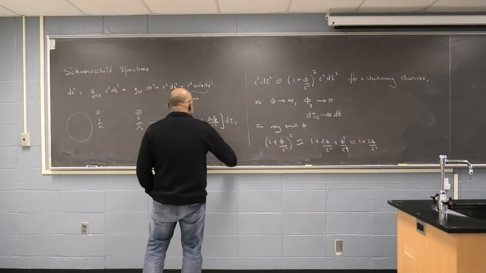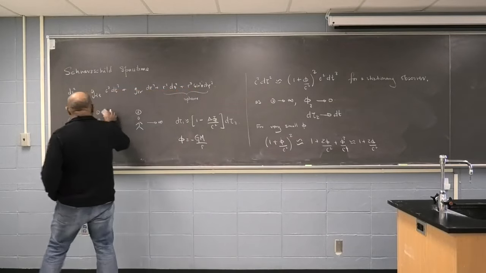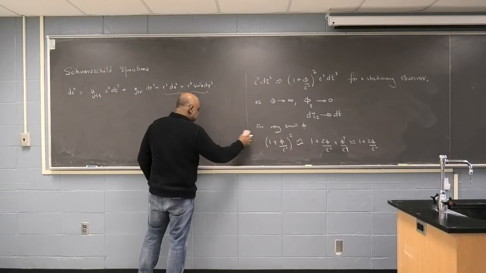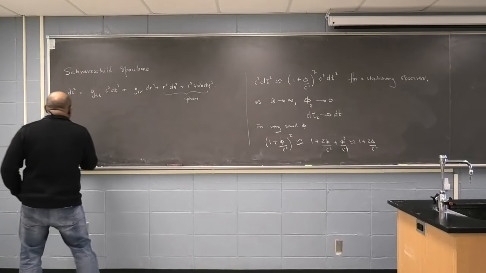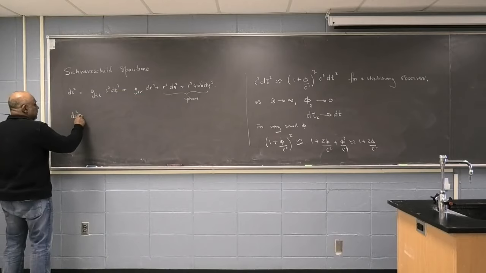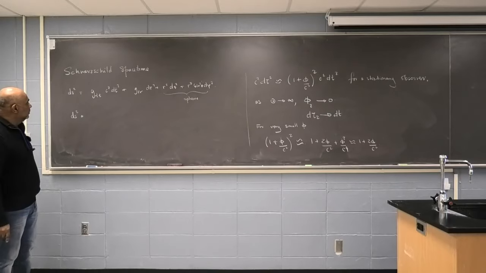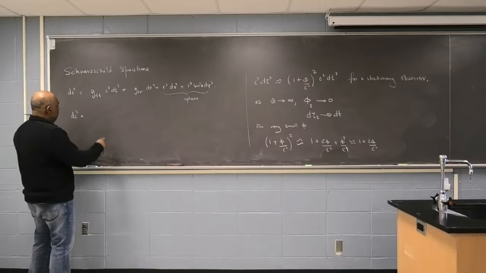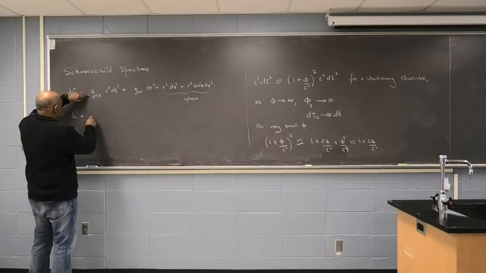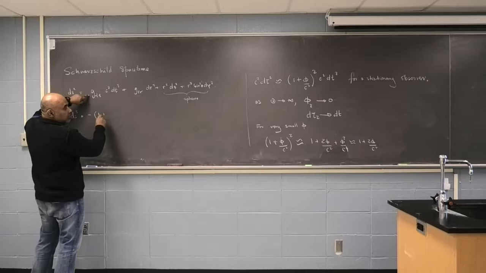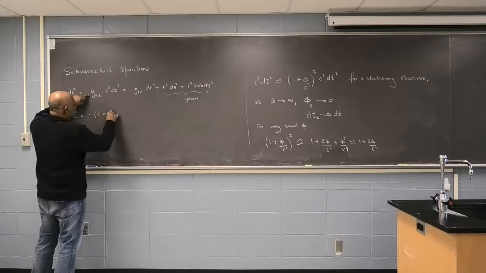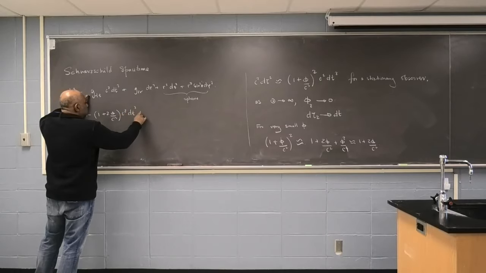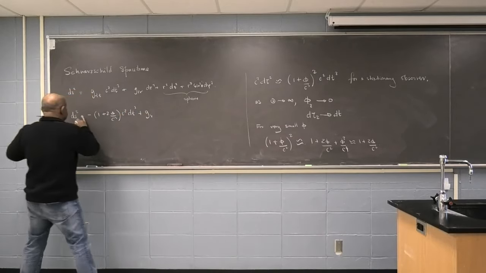Therefore, I can write this as the next line. I would get ds squared is equal to this guy, which is now, I have to put a minus 1 plus 2 phi over c squared dt squared plus, well, I shouldn't say equal to.